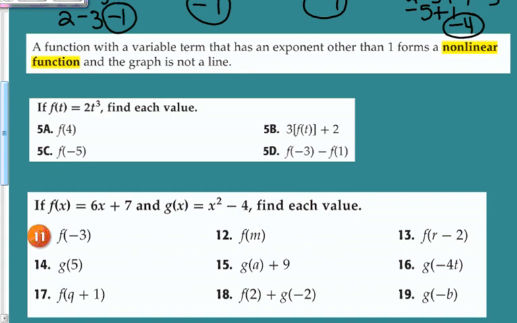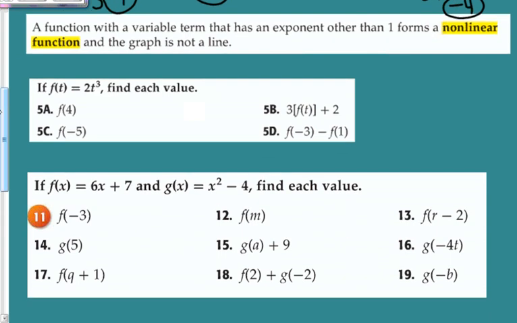We'll get into more of what nonlinear functions are later on, but it's simply if the exponent is greater than 1, the line it forms on a graph is not a straight line. So it's nonlinear, but it's still a function. Still, this works the same way. You'll plug in 4 for t.